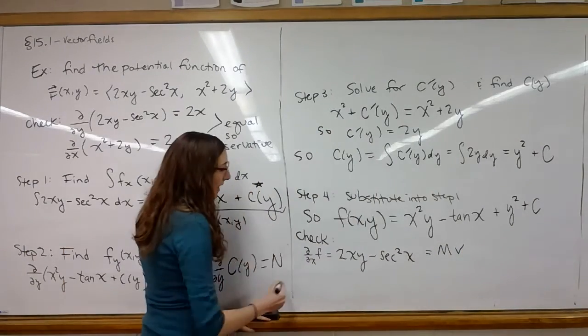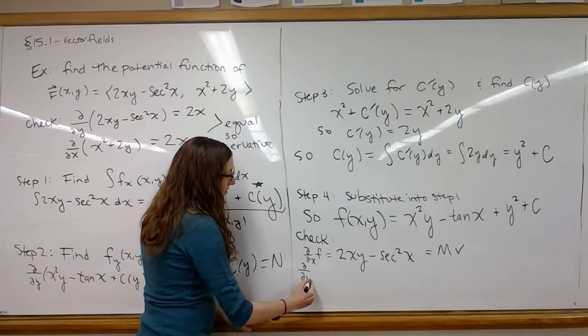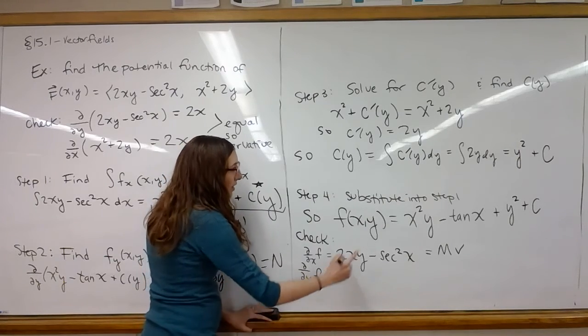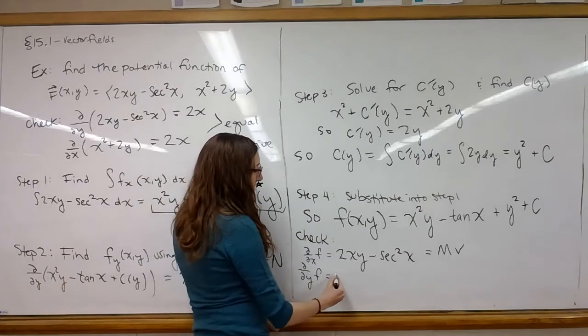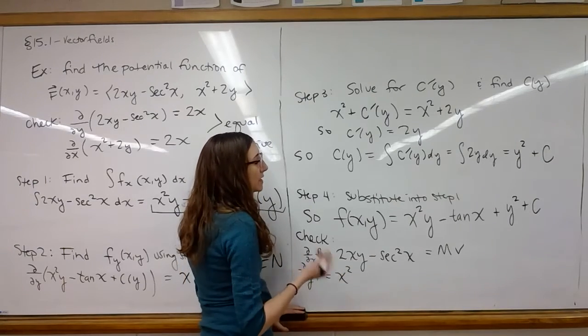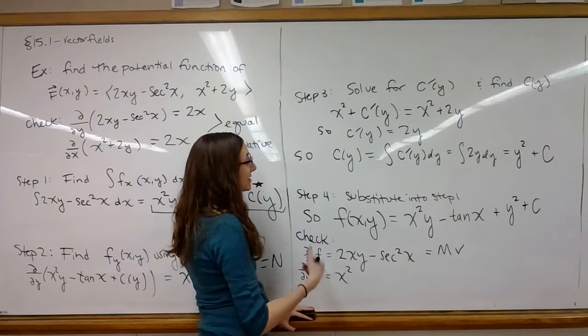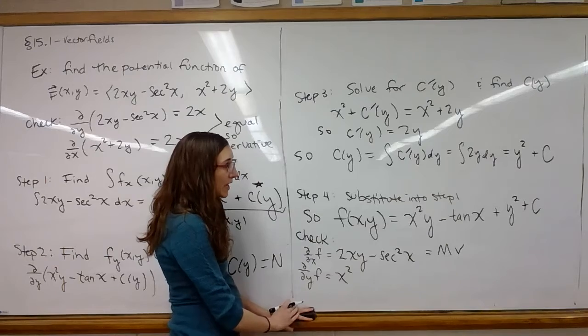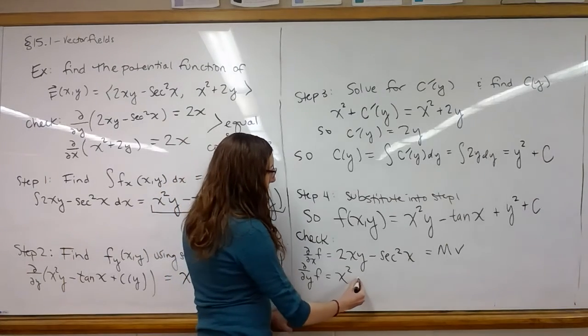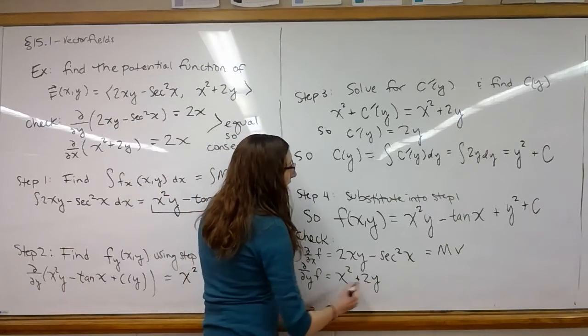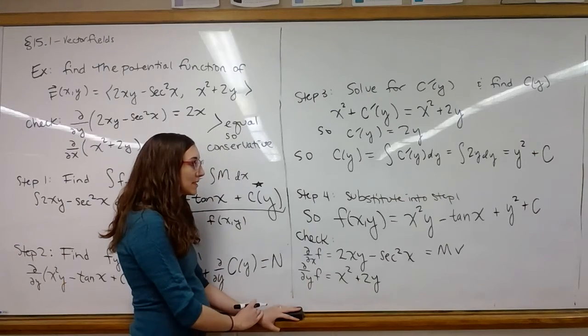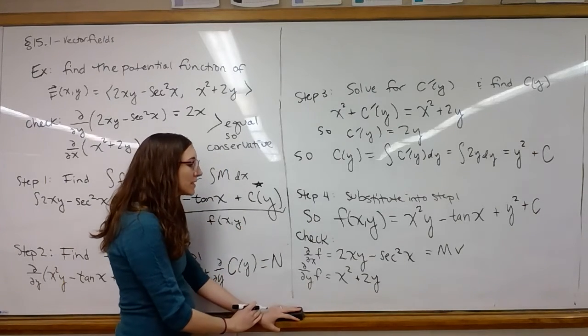And then take the partial with respect to y of f. So x squared y just becomes x squared. Negative tangent x goes to 0 with respect to y. And then y squared would be 2y. And the scalar constant c would have a derivative of 0.